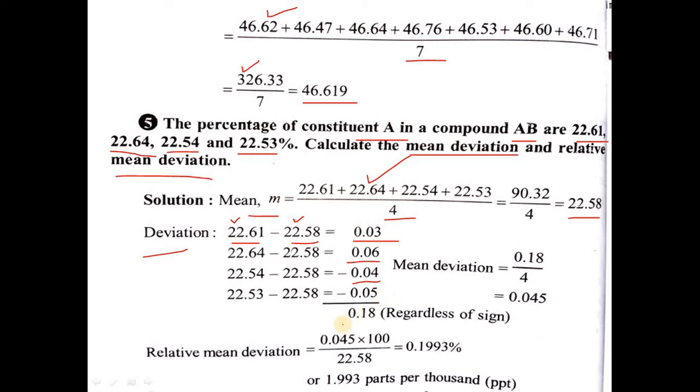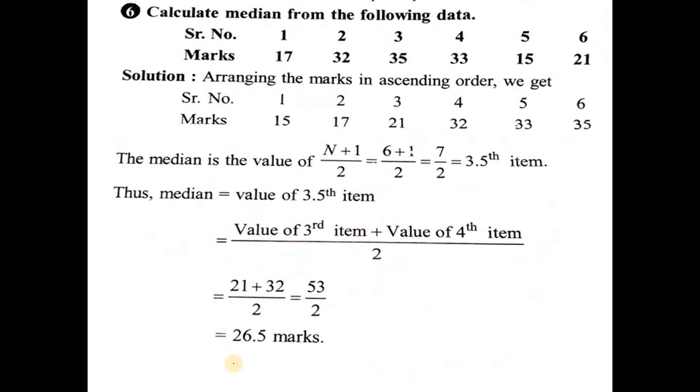When we take the summation, regardless of sign, since we don't consider the signs here, the summation is 0.18. So the mean deviation is 0.18 divided by the number of observations, that is 0.045, and relative mean deviation means mean deviation into 100 divided by the mean 22.58. So this is 0.1993 percent, and in parts per thousand, 1.993 ppt.